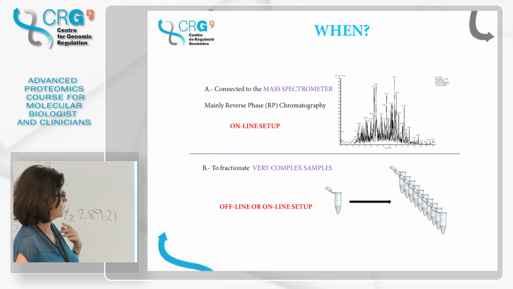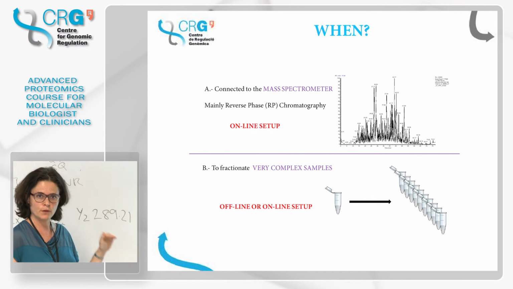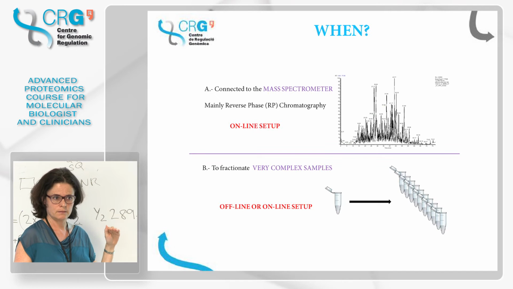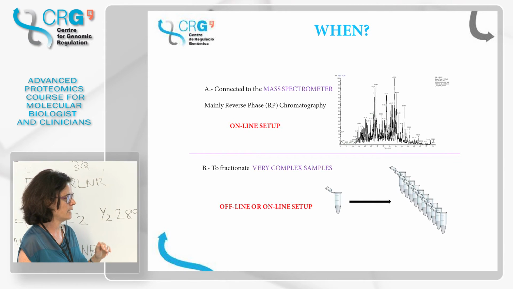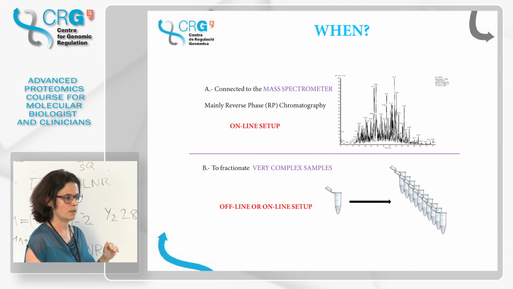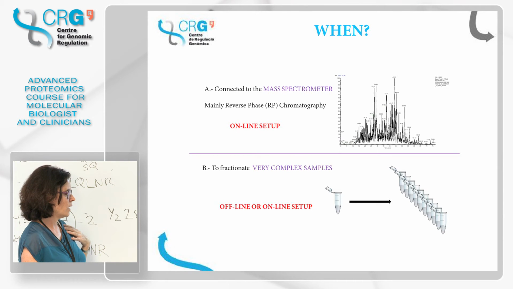So when do we fractionate? Of course, we fractionate, as you have seen this morning in the instrument room, before the instrument. This is almost always. We have a chromatography, and we mainly use reverse phase chromatography in an online setup to obtain the chromatograms that we have seen in the previous exercise. But for very complex samples, we do an offline fractionation, or it can also be online, but we mostly do it offline.